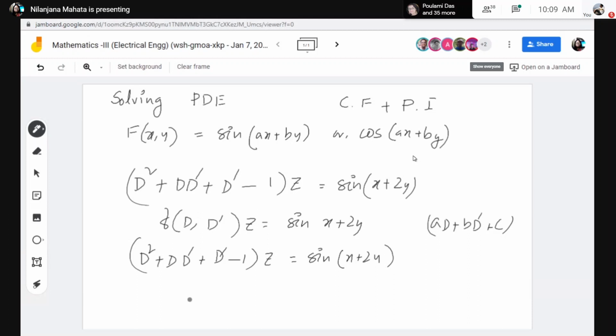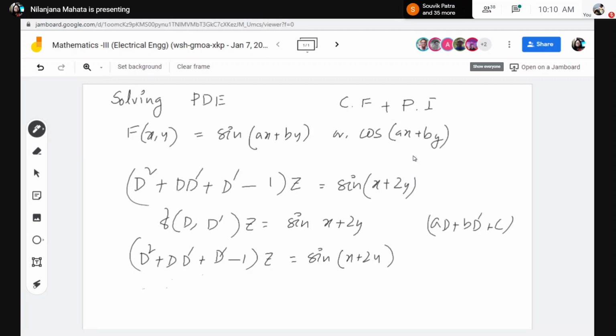I will take the common D dash from these two terms, then it will be D plus 1, and from D square minus 1 there will be D plus 1 into D minus 1.